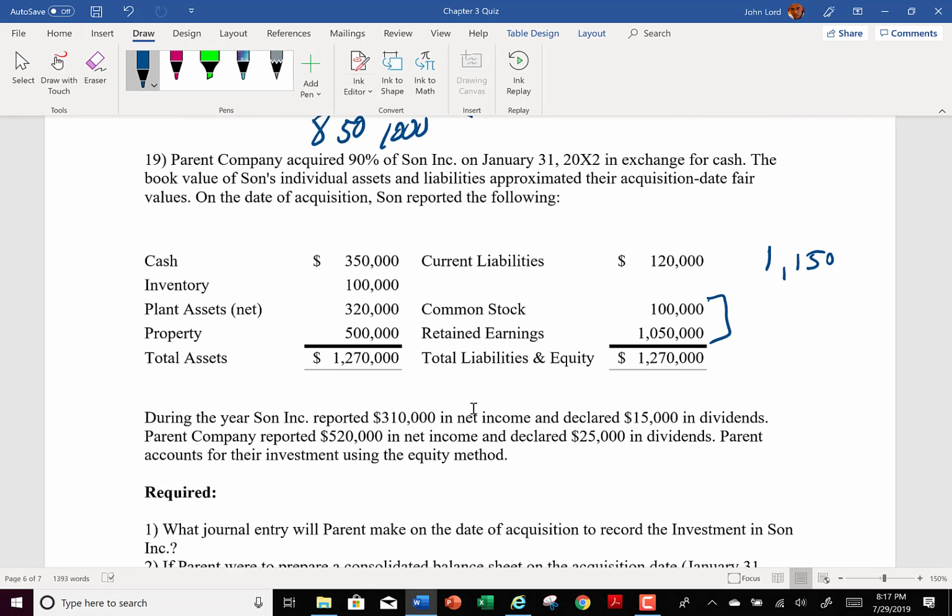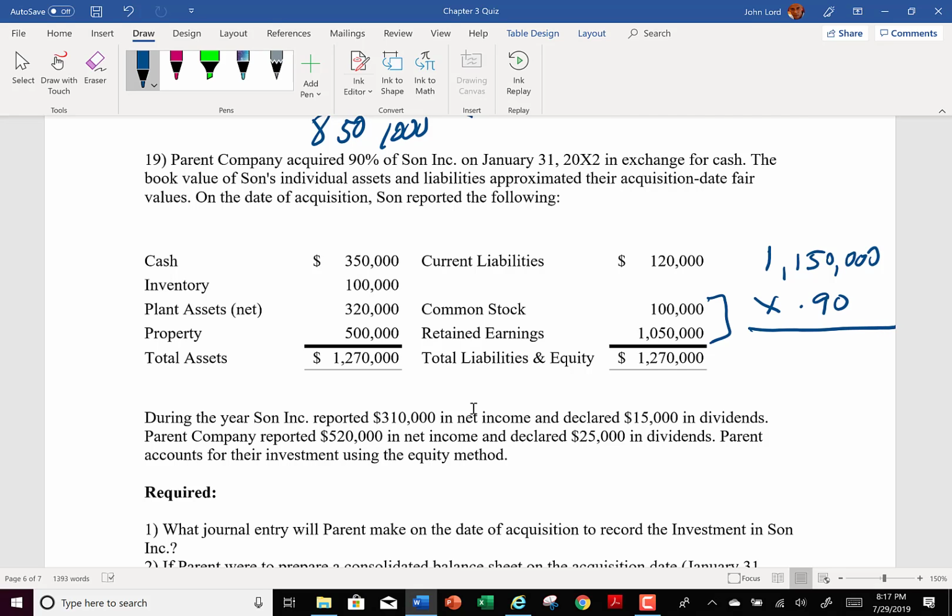So I'm acquiring 1,150,000, right? And they're telling me that I acquired 90%, and book value and fair value are the same. So that means I must have paid 90% of that book and fair value, right?